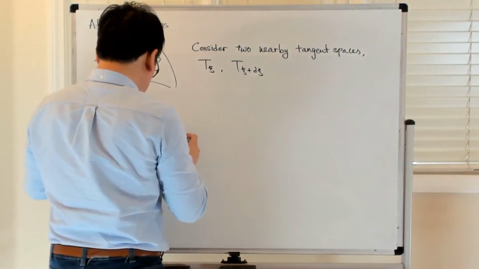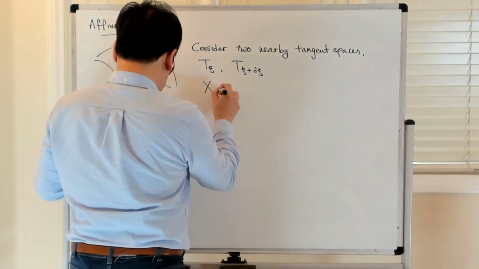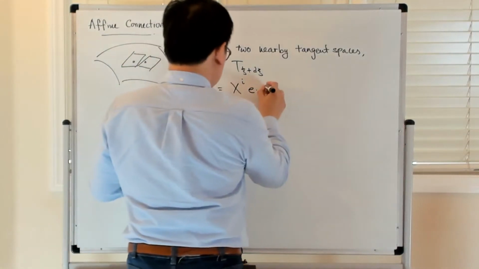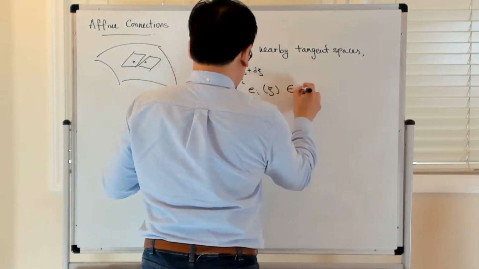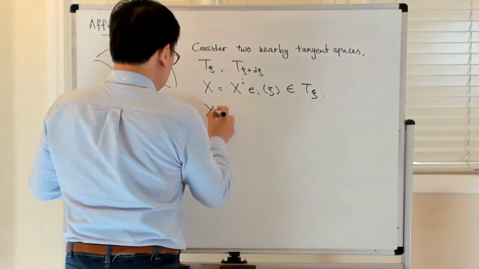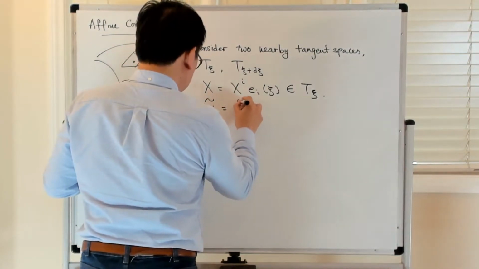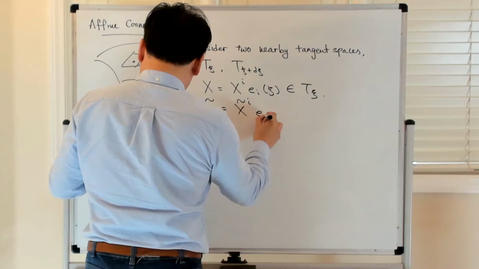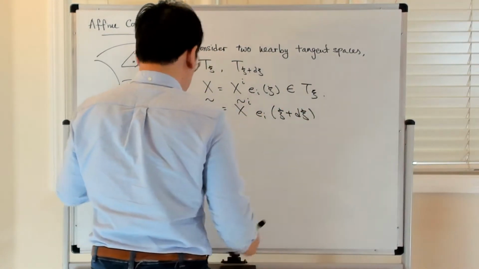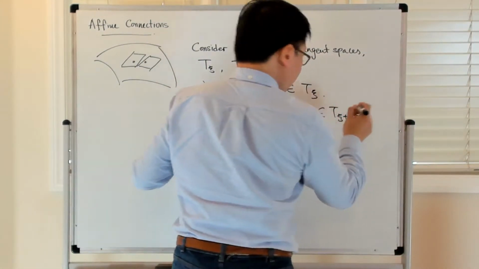Let's say that I have two tangent vectors: x, which I'm going to write as x^i e_i at x, an element of the tangent space at x, and then x tilde, which is x tilde^i e_i at this slightly offset point, in the tangent space of a slightly different point.